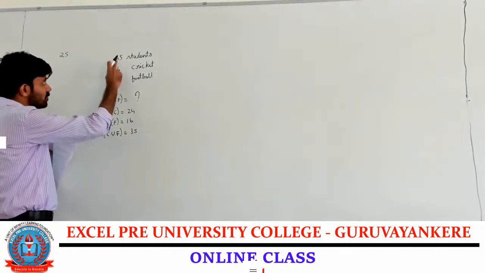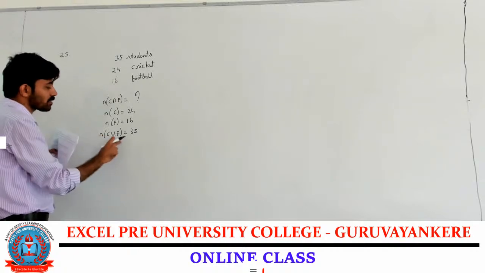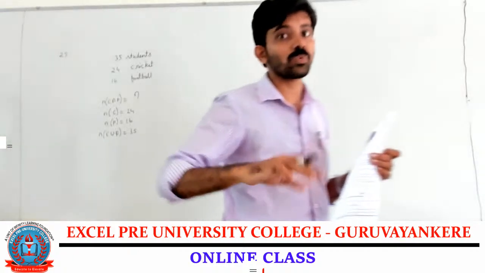I take 35 students as C union F because each student likes to play at least one of the two games.